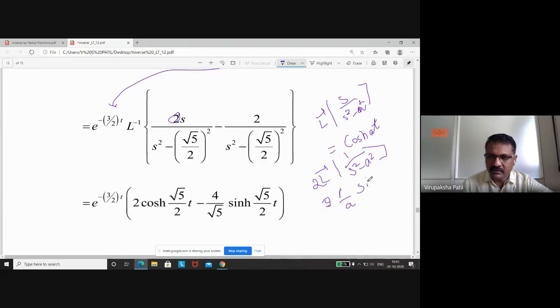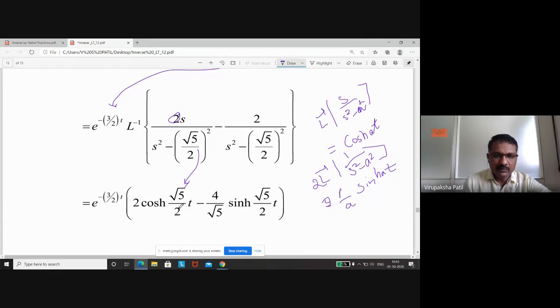Now using these two results, what can you write? 2 we have kept as it is, L inverse of s divided by s square minus root 5 by 2 whole square becomes 2 times cos hyperbolic. What is your a value?